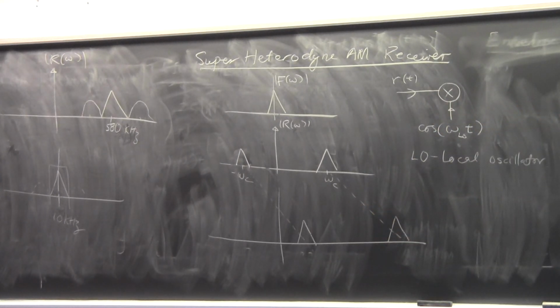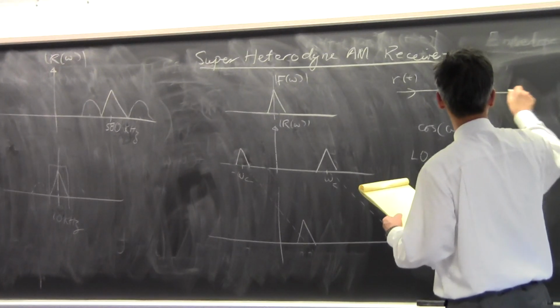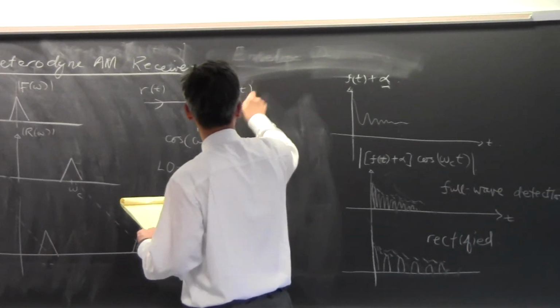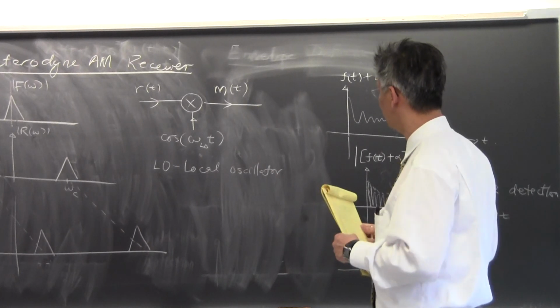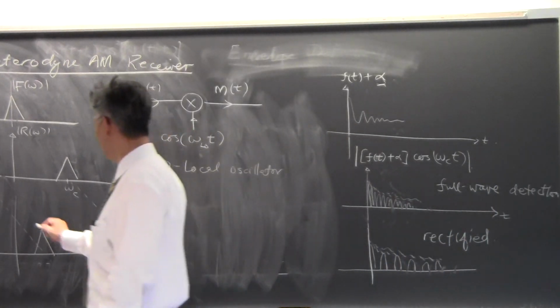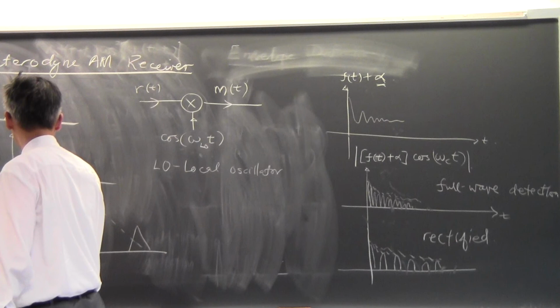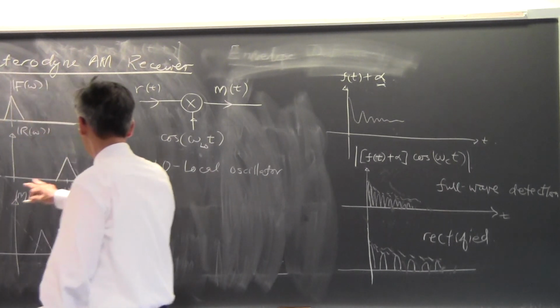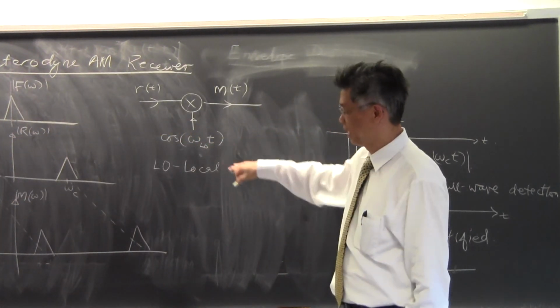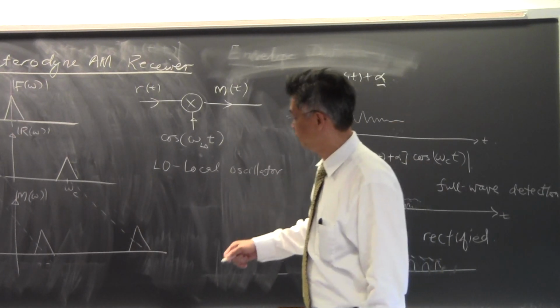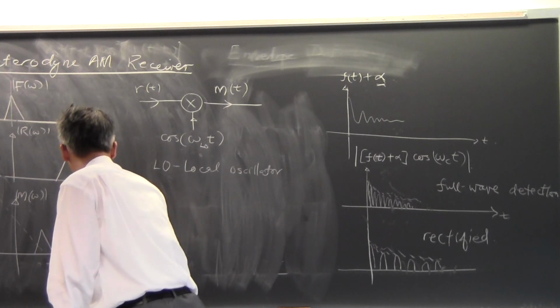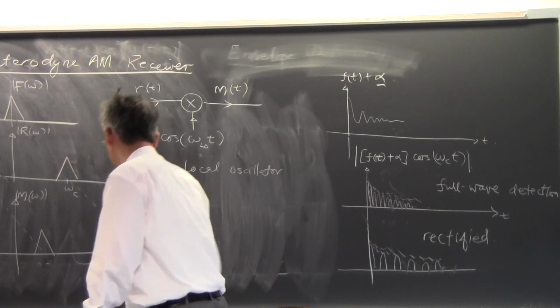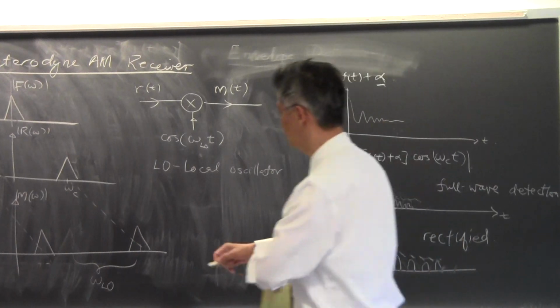LO is not the frequency of the carrier, so whatever comes out here is not a properly demodulated signal, but something we call m(t). m(t) would have a spectrum of something like this. It gets pushed by omega LO to the right, and that is how much it gets pushed by. This is omega LO, the frequency of the oscillator.